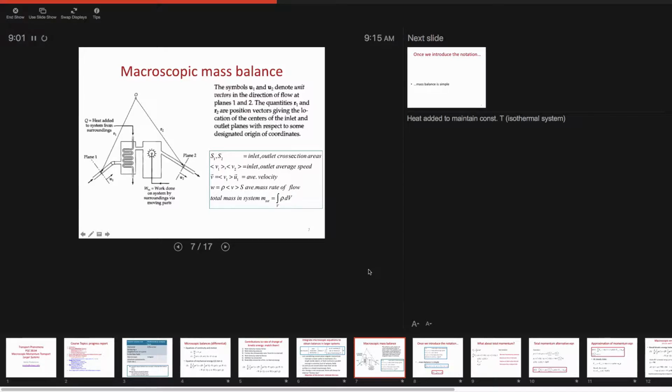So my velocity term is basically this average velocity times the unit vector, and I can do this for both boundaries. Okay? And then I have the average mass rate of flow, W, which is rho times average velocity times the surface area, either inlet or outlet. Again, this term has either ones or twos here. Okay? And then the total mass in the system is the integral of the density.